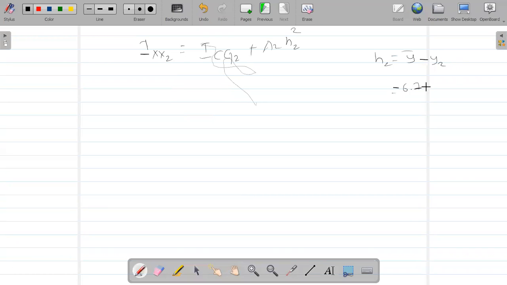Y bar was 6.7, y2 is nothing but 9. So you will get your answer as minus something. Tell me what is the answer.